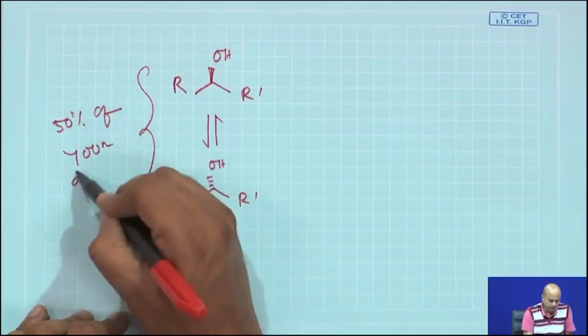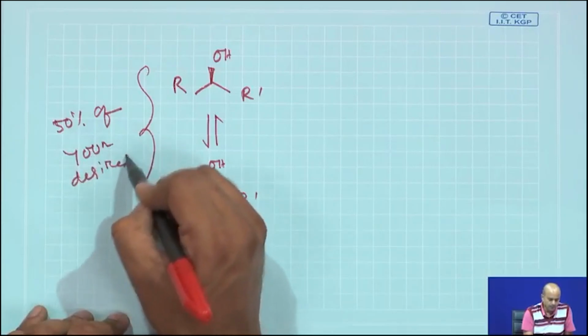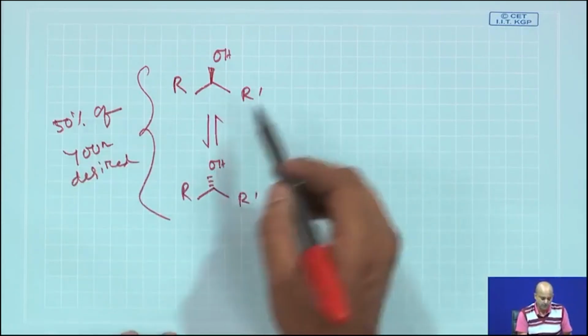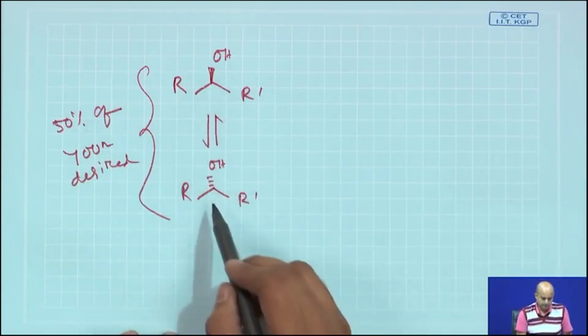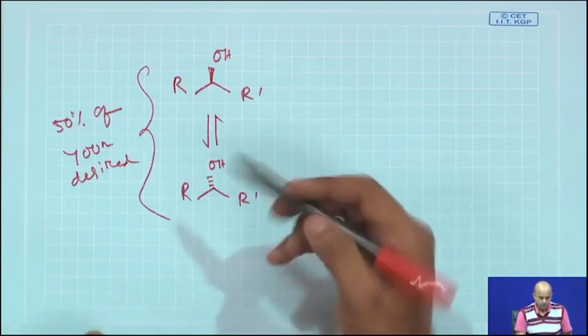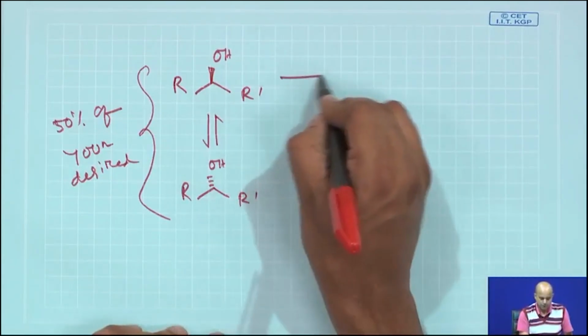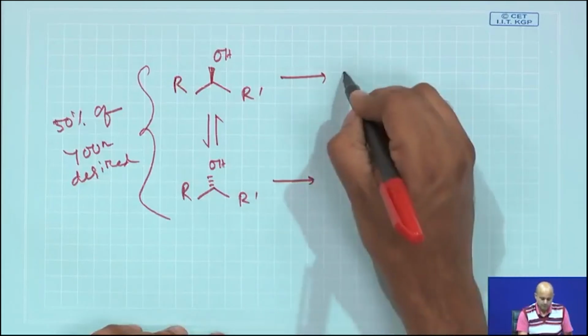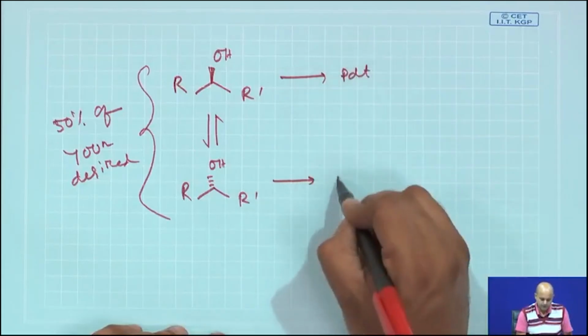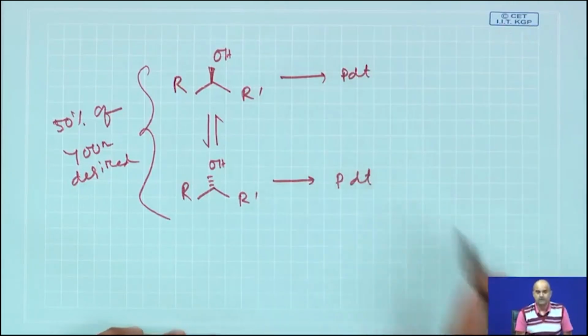If your desired product is the fast reacting enantiomer, you get 50%; if the slow reacting enantiomer is the desired product, you get 50%. So, 50% of the product has to be thrown out. So, this is your kinetic resolution which we explained in the earlier slide.